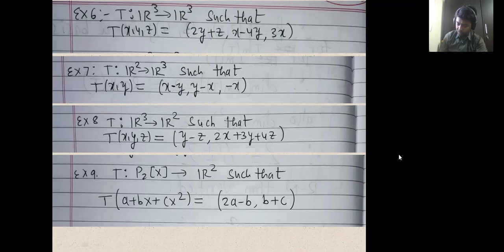Put y equal to t, which implies x is equal to minus 7 upon 2 t and z is equal to t.